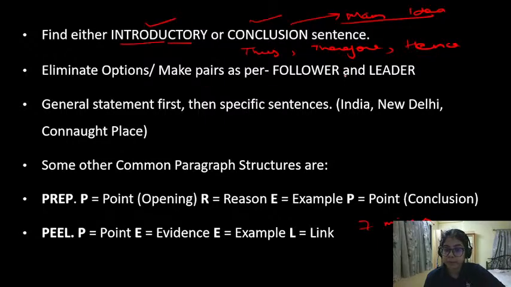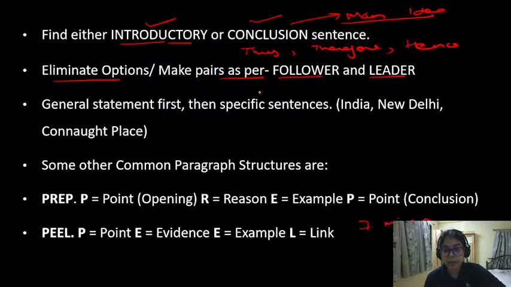We will make pairs as per follower and leader. So if your exam has options, you will eliminate as per them, or in CAT you will start making pairs as per follower and leader. Now what does that mean? A follower is a sentence that obviously is not the starting sentence, but it connects to a given sentence.